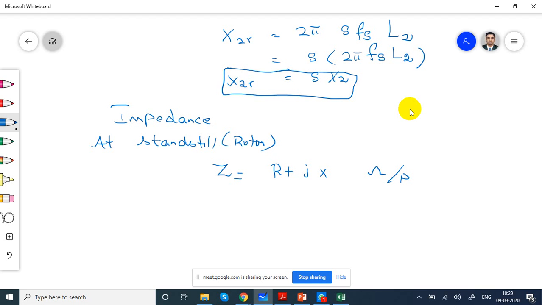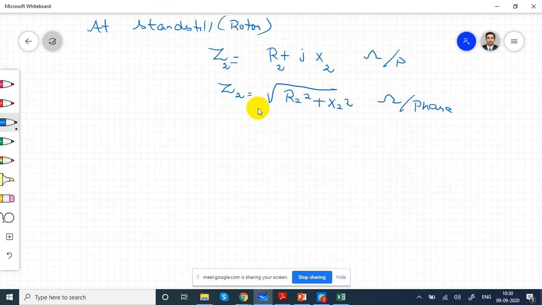In terms of notation for the rotor, Z2 equal to R2 plus j into X2. Taking real and imaginary parts, Z2 equal to square root of R2 square plus X2 square. The unit is ohm per phase.